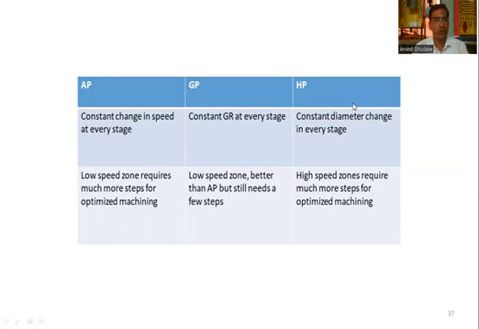Then the low speed zone requires many more steps for optimized machining in the case of arithmetic progression. The low speed zone is better than with arithmetic progression, but still needs a few steps in geometric progression. And in harmonic progression, the high speed zones require many more steps for optimized machining. So this is the comparison of arithmetic progression, geometric progression and harmonic progression.